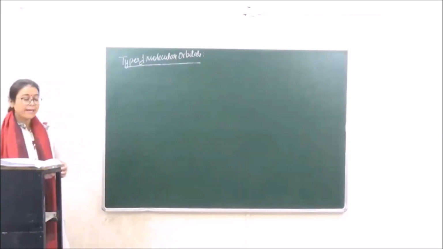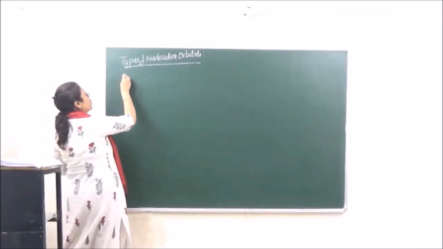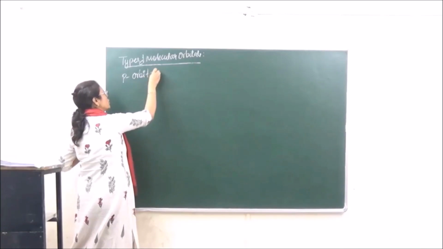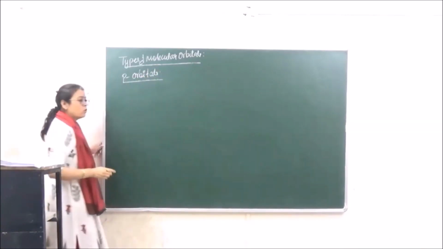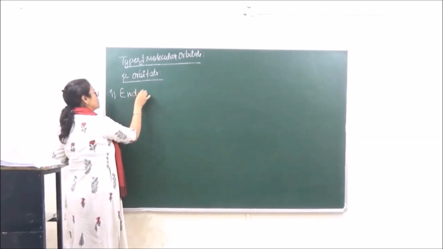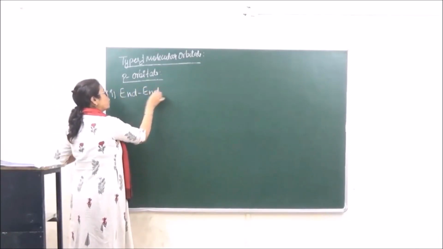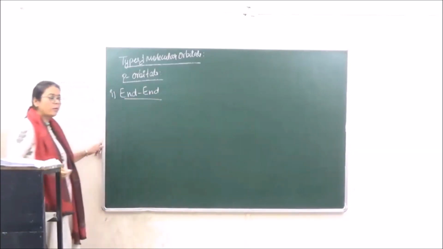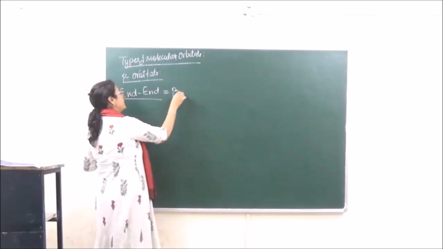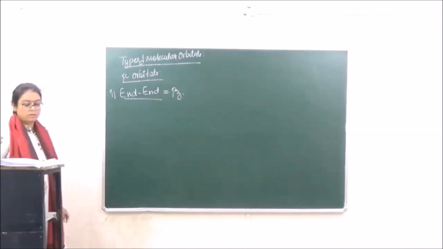ठीक है? फिर let's go on to the molecular orbitals from p atomic orbitals. Okay. So in p atomic orbitals, because they are directional in nature, so it shows two types of overlaps. The first one, head-to-head overlap, which is also known as end-to-end overlap. End-to-end overlap is going to take place only in pz, right?